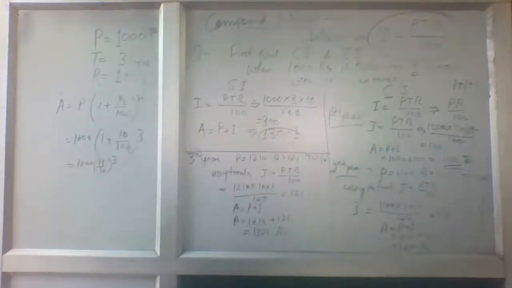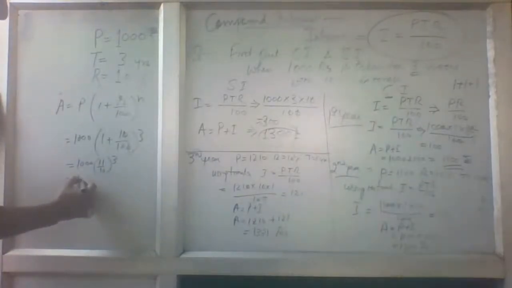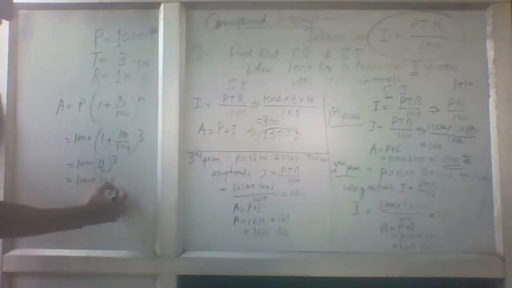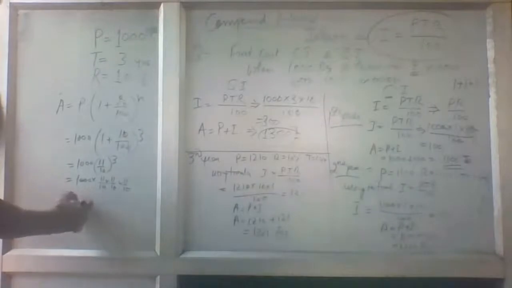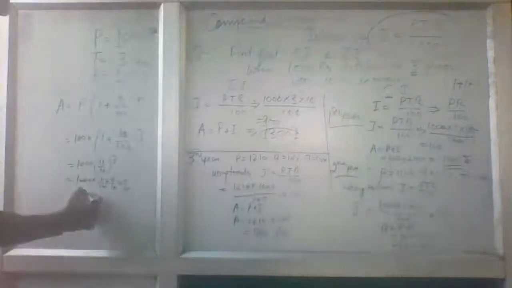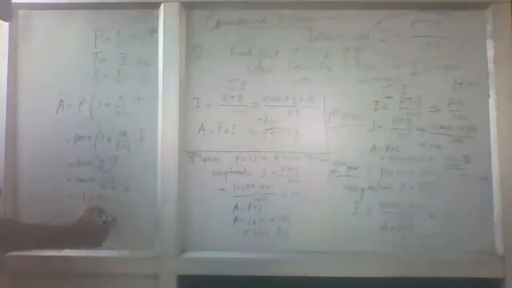To the power 3 means, on the next step, 1000 into 11 upon 10 into 11 upon 10 into 11 upon 10. All these three zeros will be removed. So now what will happen? 11 into 11 is 121. So I will put here 121 multiplied by 11.